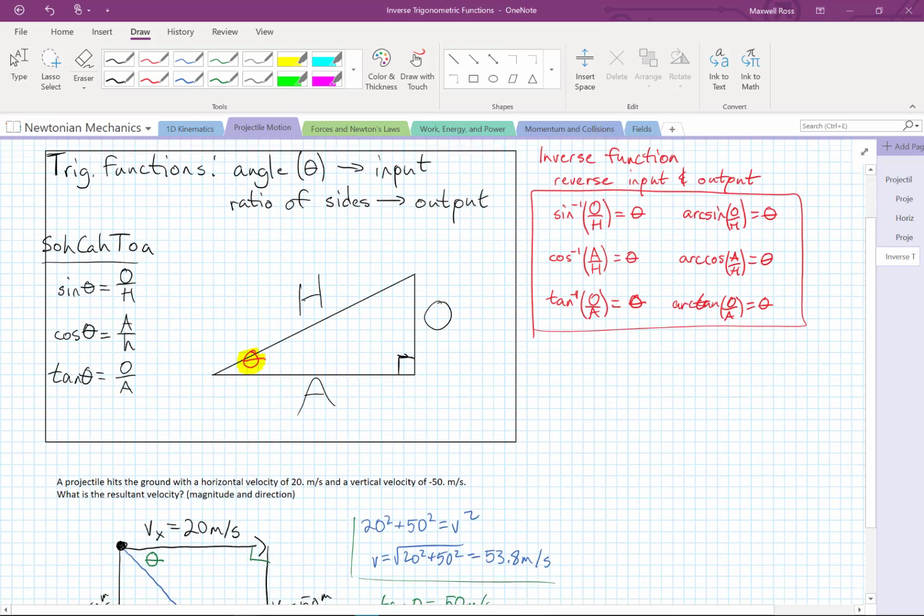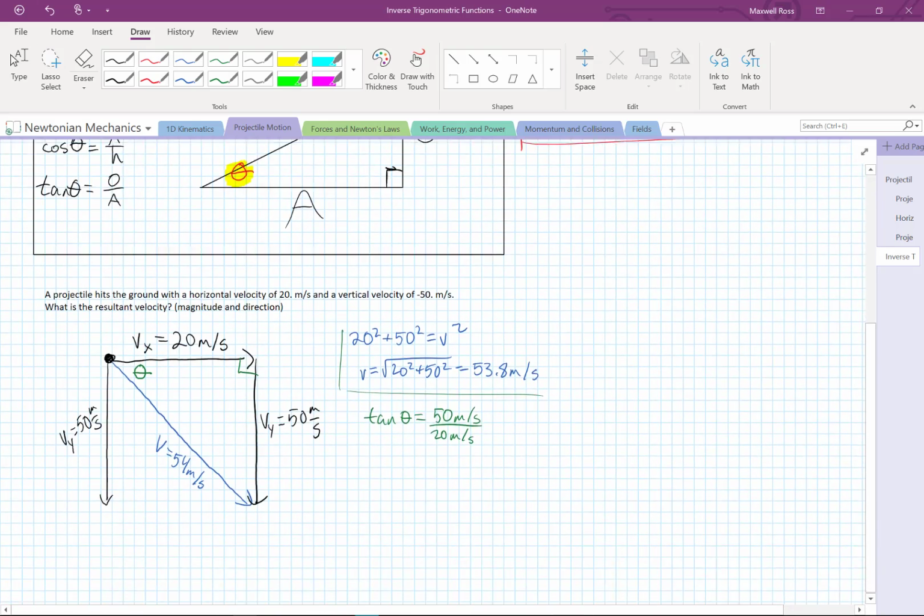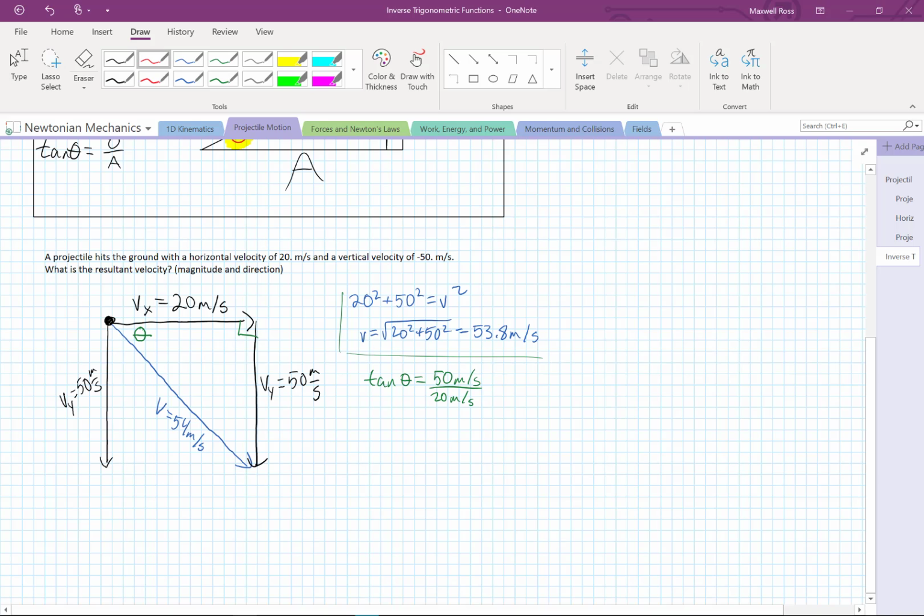So let's apply this knowledge to what we have down here. If we want to solve for theta, because tangent of theta is 50 over 20, if we want to get theta as an output, we're going to use inverse tangent, or arctan, of 50 over 20, meters per second cancels, to give us theta.